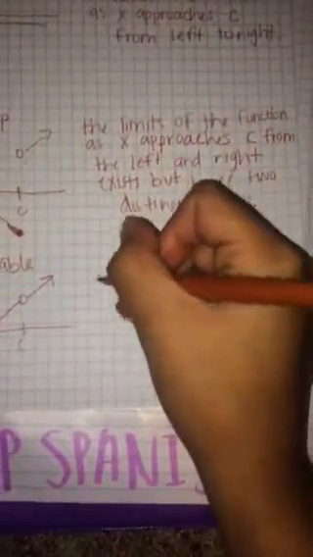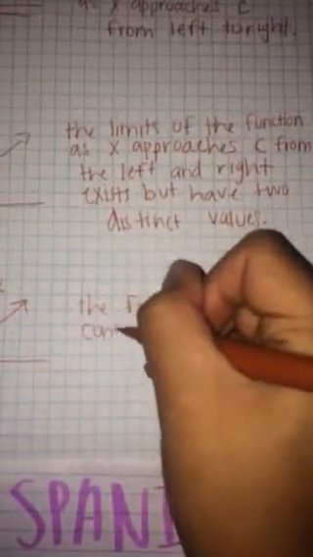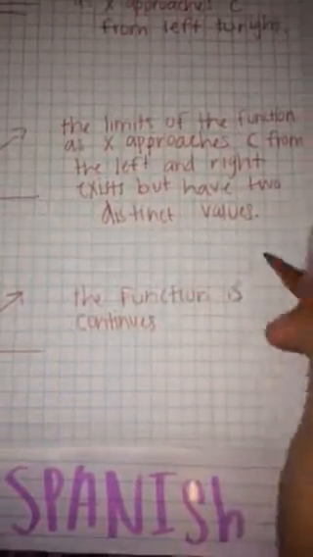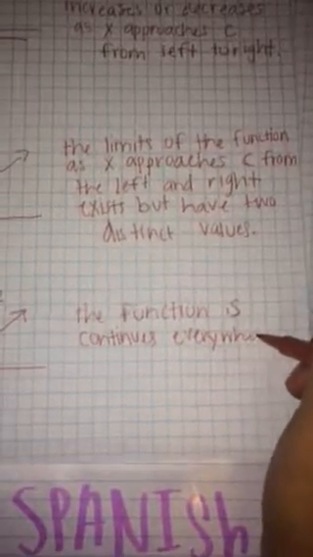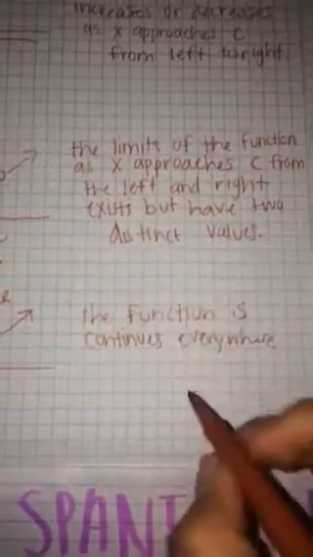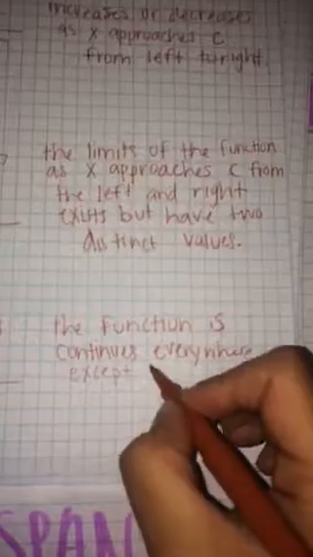So basically what this means is that the function is continuous everywhere except for a hole at x equals c.